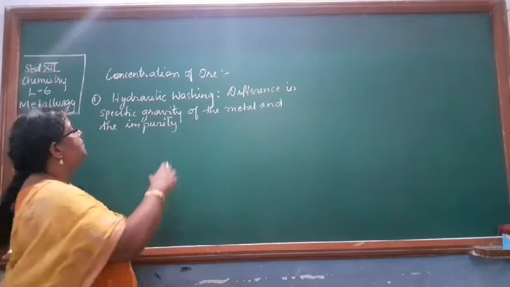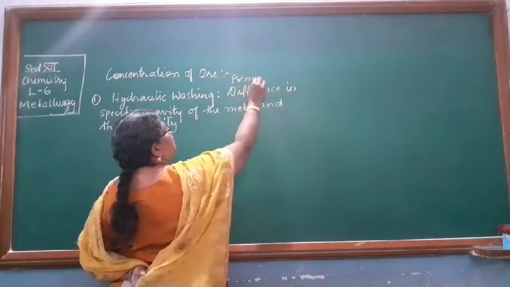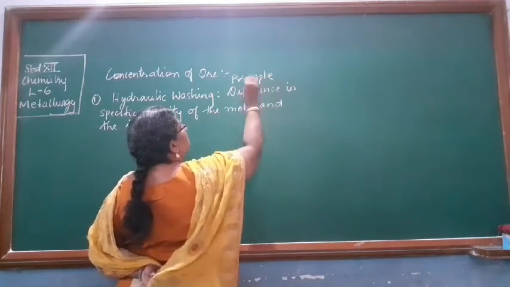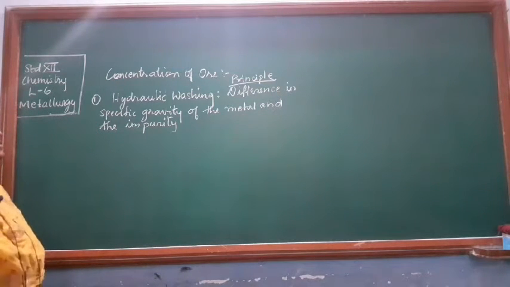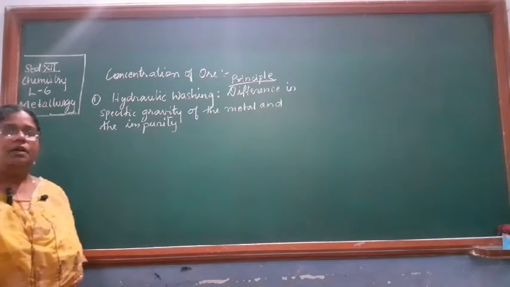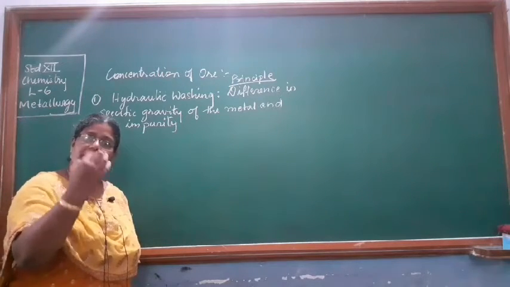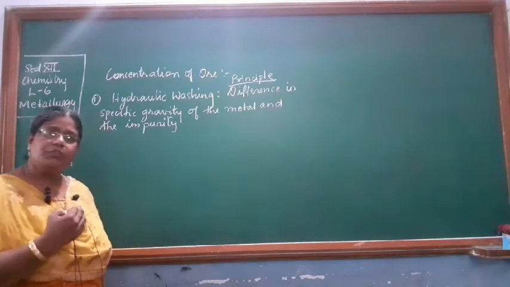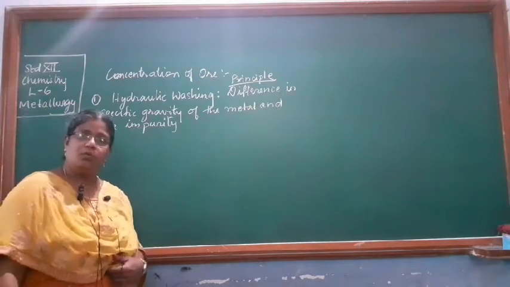So the principle behind hydraulic washing is the difference in specific gravity. The density of the metal will be more, the impurity less, so the impurity will be washed away along with the water. That is what we call hydraulic washing.